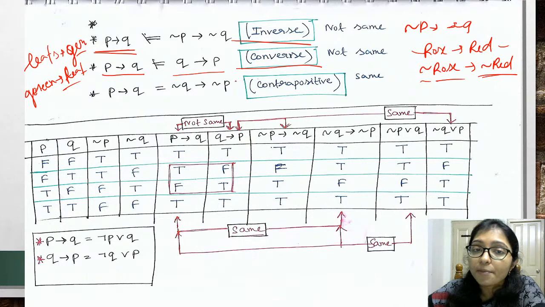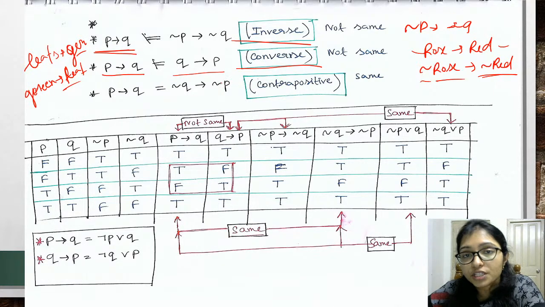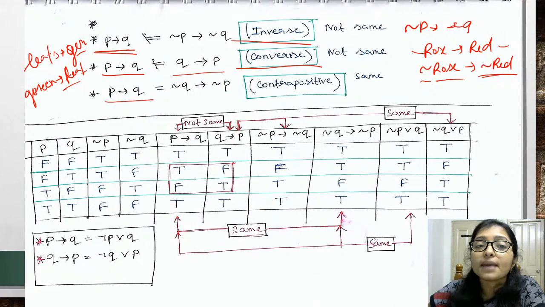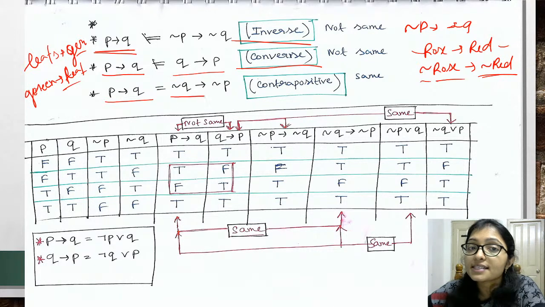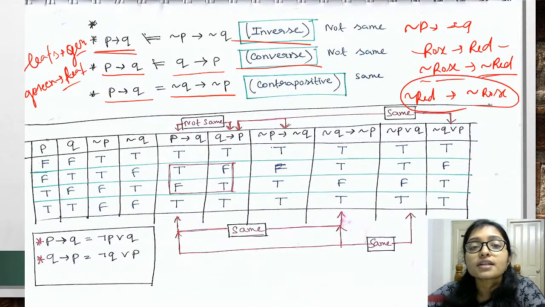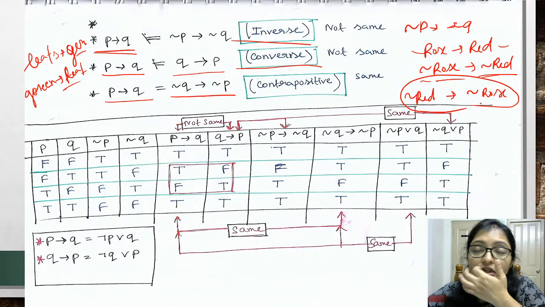Now come to the contrapositive. Contrapositive means P implies Q equals not Q implies not P. Here we change the right-hand side and left-hand side, and we also change the not. So from rose implies red, we can write not red implies not rose, and these are the same.